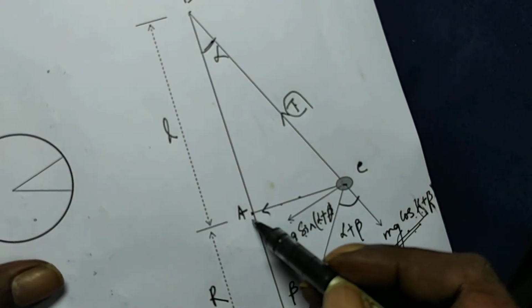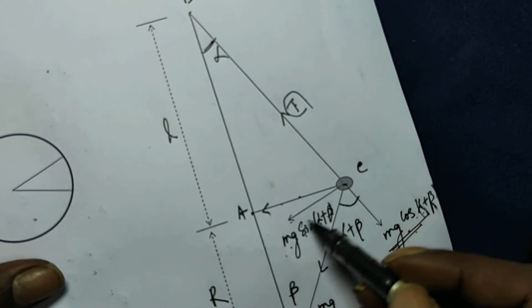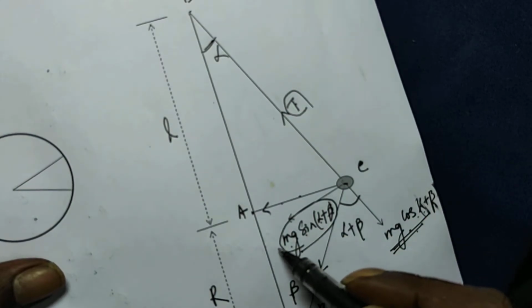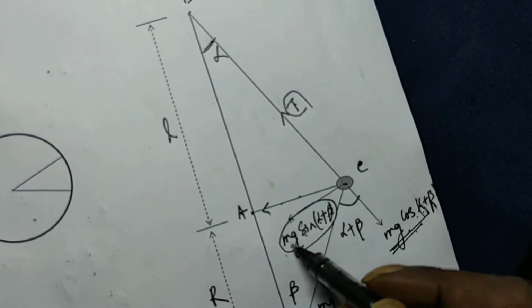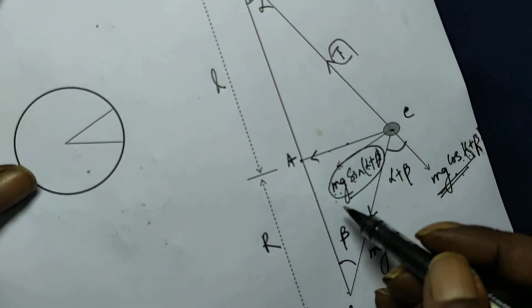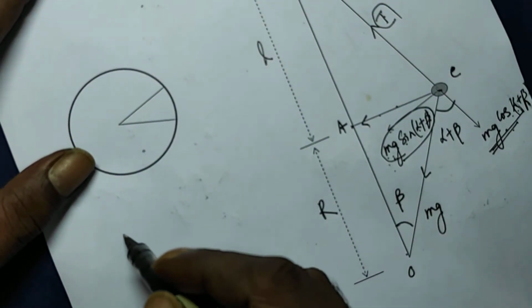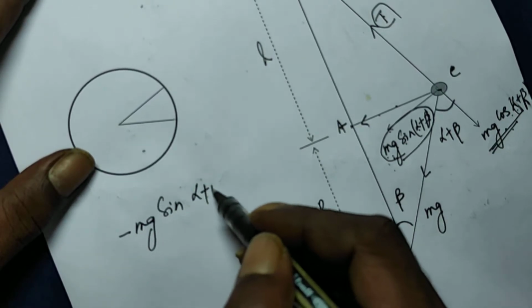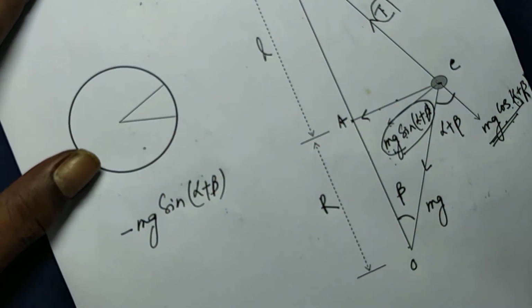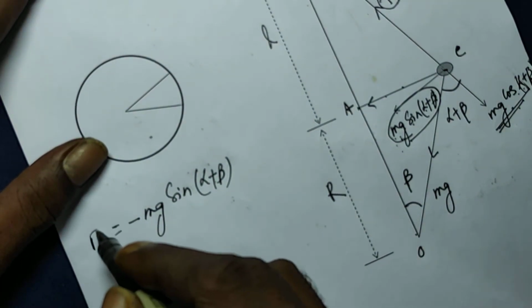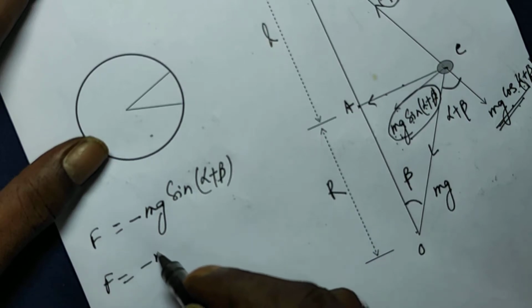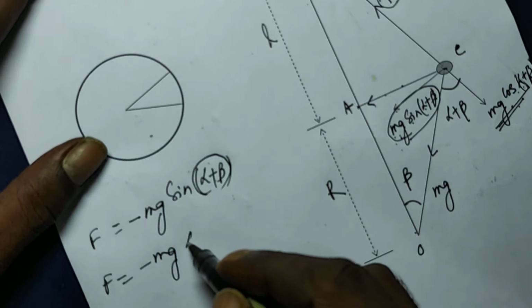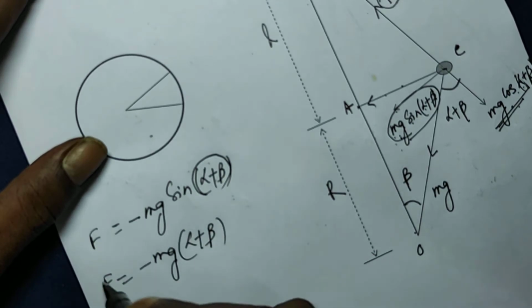Now it has been displaced to the right, so this force is opposite to that. So this is the unbalanced force, and I write it as minus mg sin(alpha plus beta). Now for small angles, sin(alpha plus beta) can be taken as alpha plus beta.